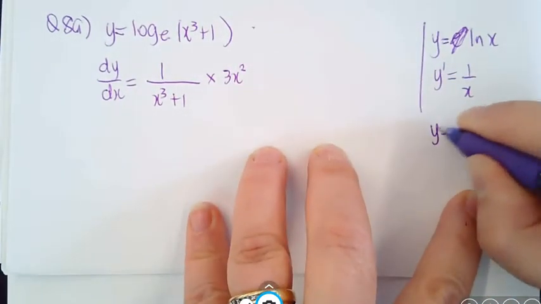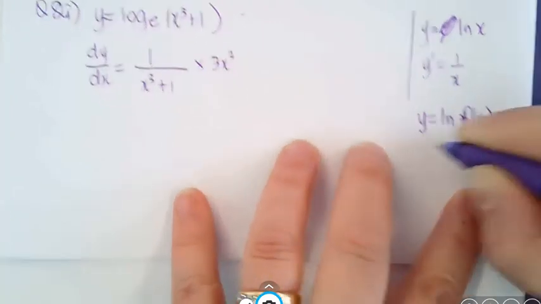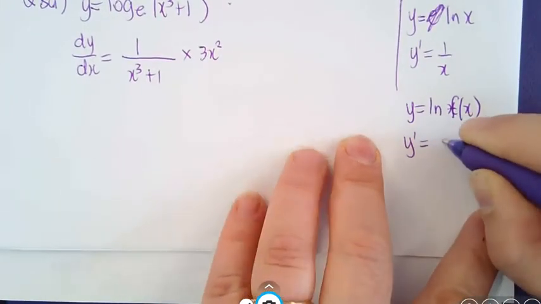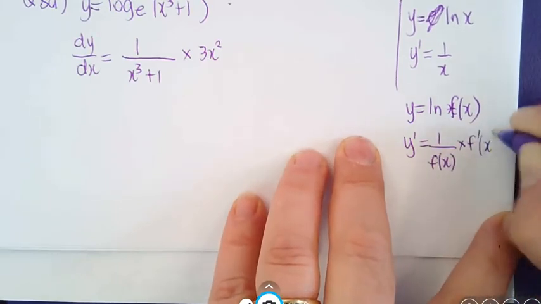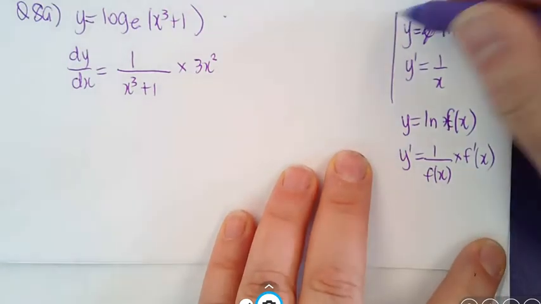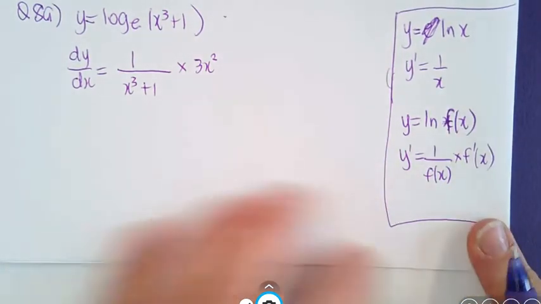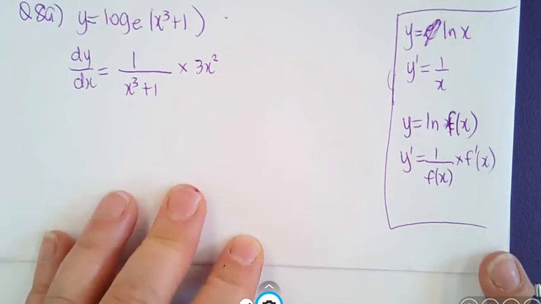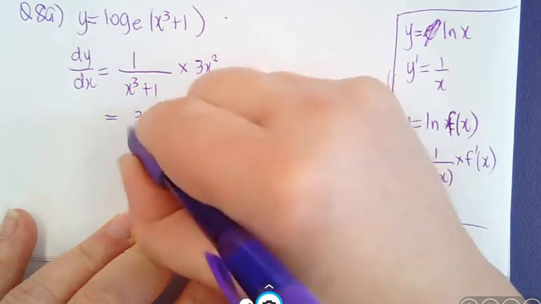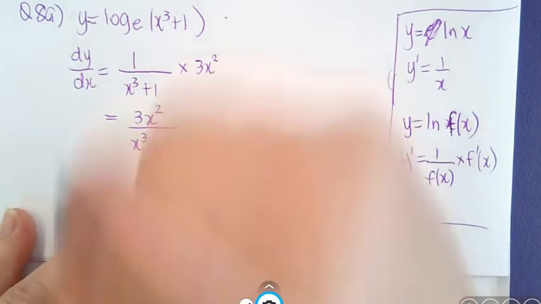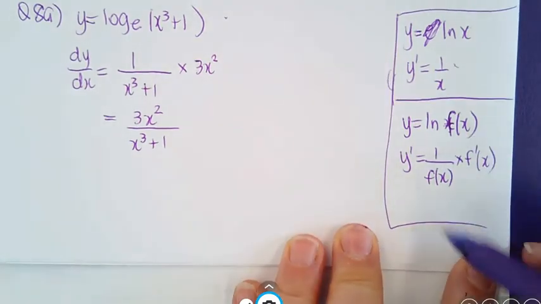So again, if y equals ln function of x, then y dashed is 1 over the function of x times the derivative. So we just get here 3x squared over x cubed plus 1. That's the derivative. Easy.